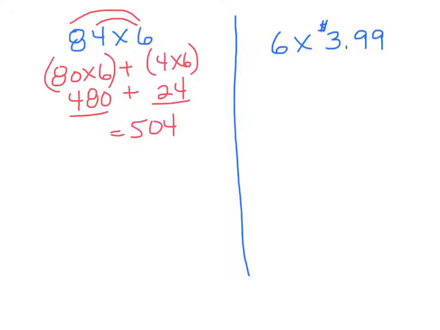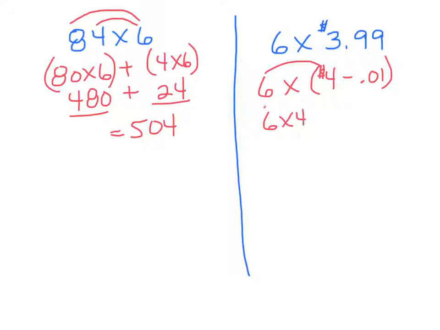On the right-hand side, I asked you to use the distributive property of multiplication over subtraction. So if I were going to do that, I would be, first of all, rewriting this as 6 times $4 minus a penny. And now I'm going to distribute that 6. So I'm going to multiply 6 times $4.